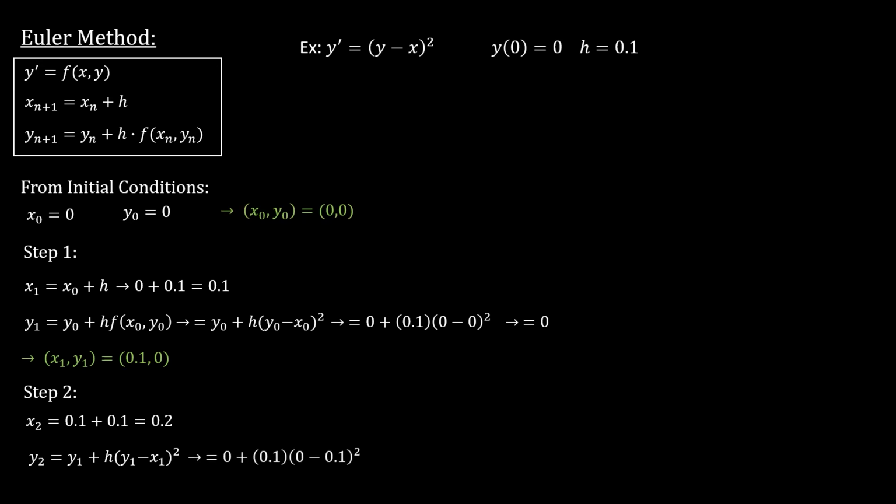So plugging it in, we get that y1 is 0, h is 0.1, and then in the parentheses, we should have (0 minus 0.1) squared, which now is not going to give us a 0 value, right? So we're going to get a value for y2 equal to 0.001. And therefore, in coordinates, x2, y2 is equal to 0.2, 0.001.